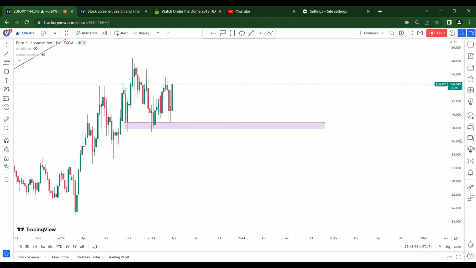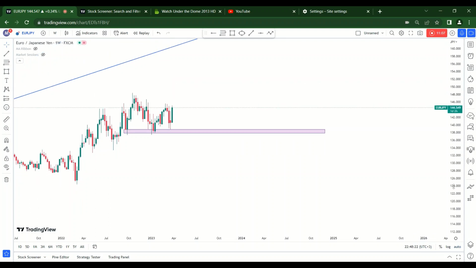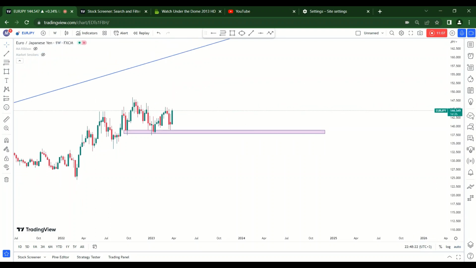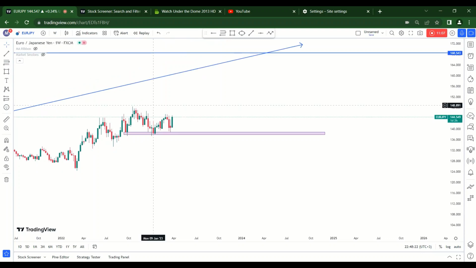This means that for the next couple of weeks, we will have a very bullish market where our targets will be up to 168.550. That is where I'm looking to exit my uptrend when it comes to EurJpy.